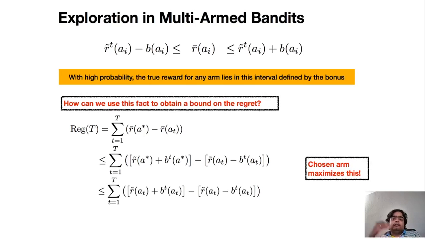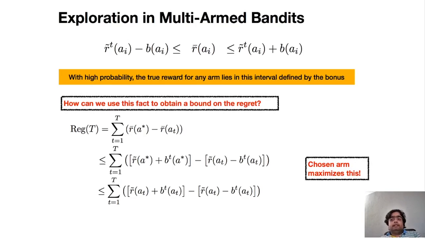So you can upper bound this regret further by choosing a_t in there. You can say R tilde of A star plus B_t of A star is upper bounded by R tilde of a_t plus B_t of a_t. And why did you get this? You got this because the arm that you choose at time step t literally maximizes this expression, R tilde plus the bonus. So that's how you get it.